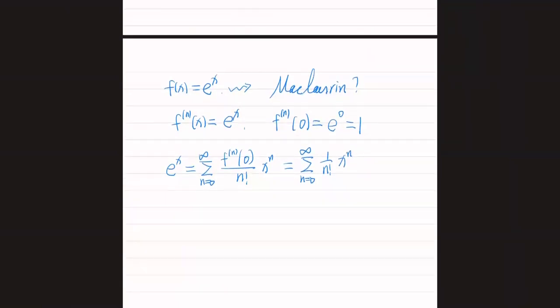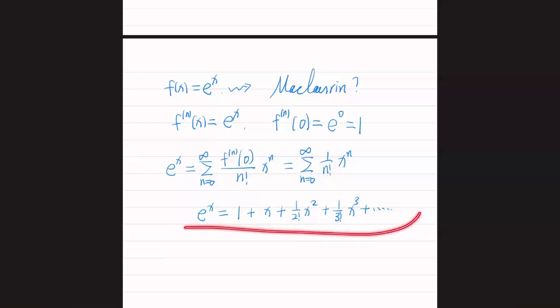So the first few terms, when n is 0, e to the x, n is 0 is just 1 plus x. So we get a series for our exponential function.